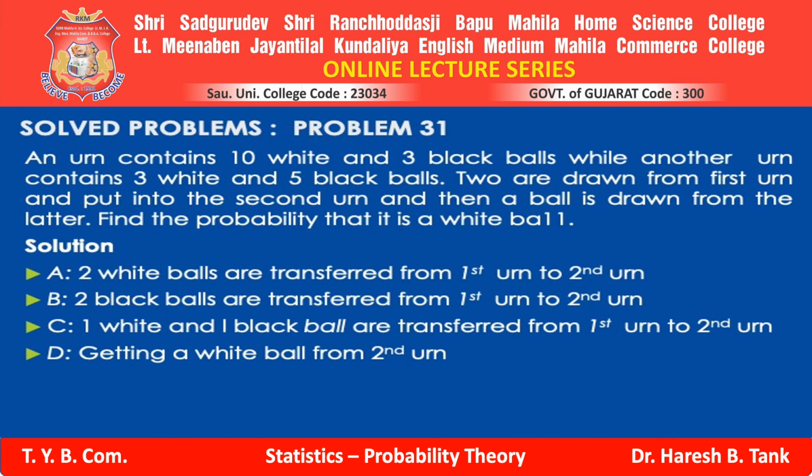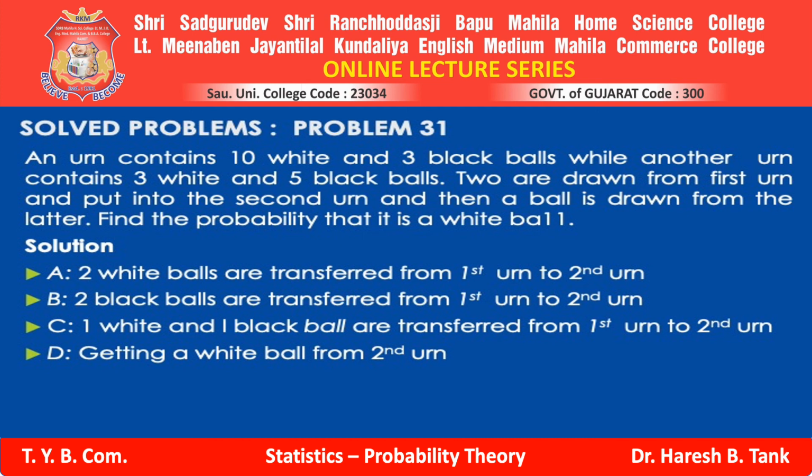The next example. An urn contains 10 white and 3 black balls, while another urn contains 3 white and 5 black balls. 2 are drawn from the first urn and put into the second urn.